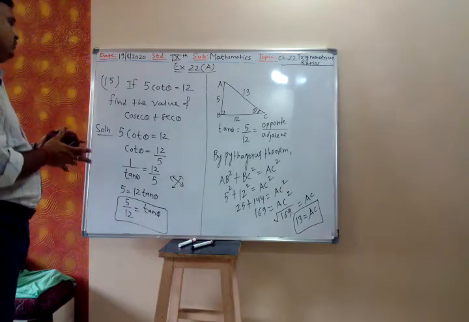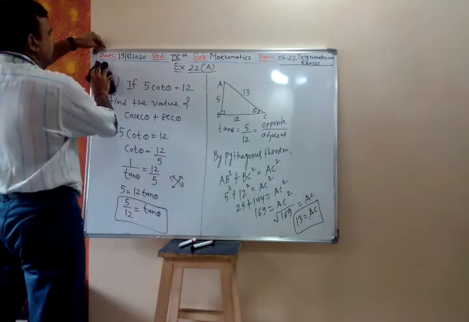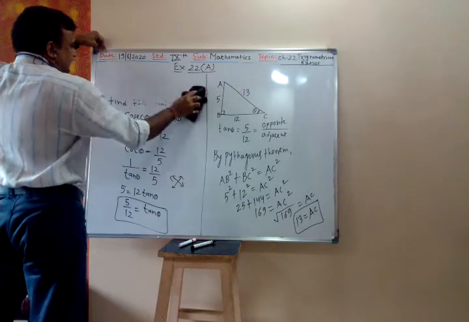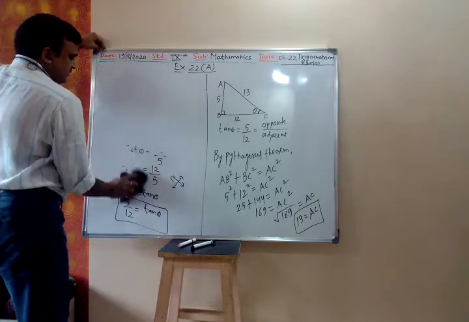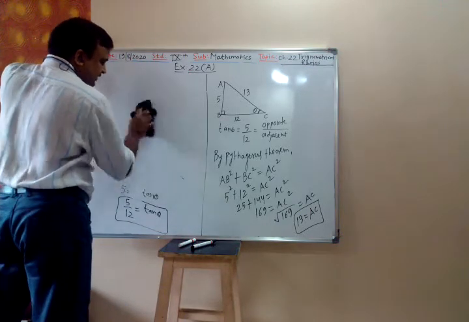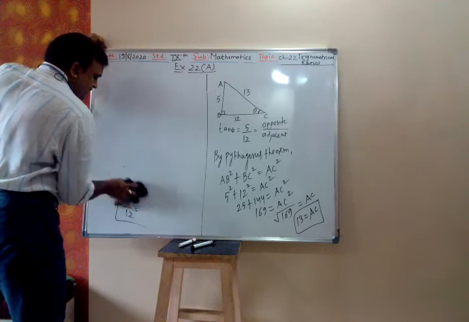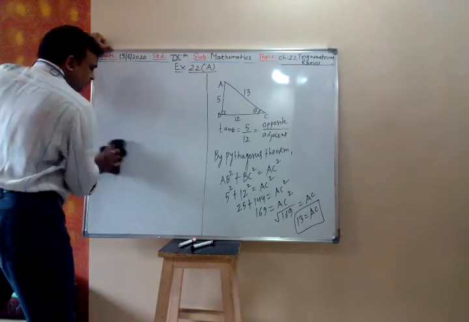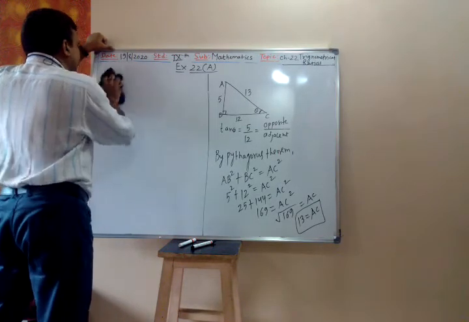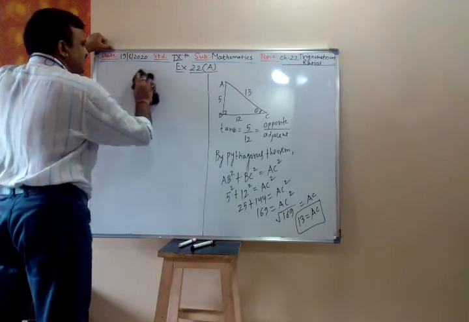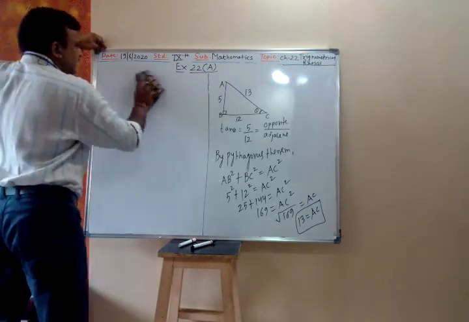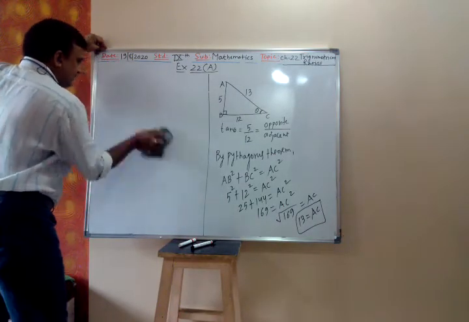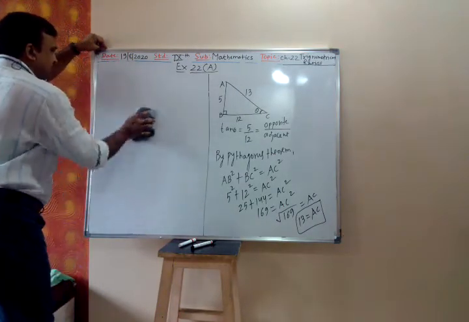Now we want to find cosec theta plus sec theta. Cosec theta is the reciprocal of sine, and sec theta is the reciprocal of cos.